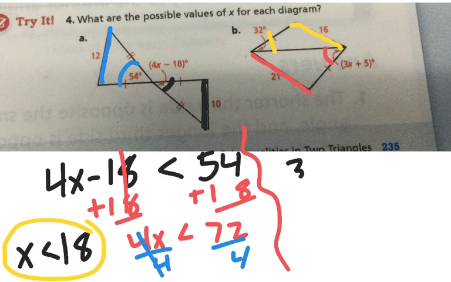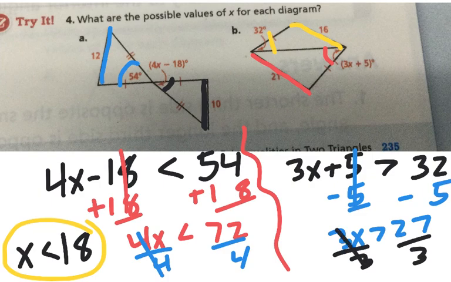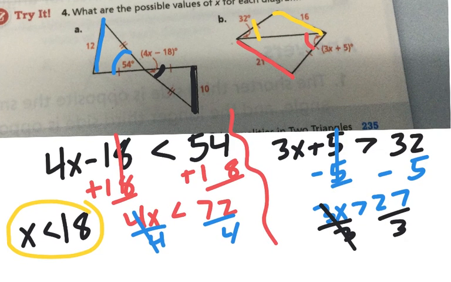So the red angle, 3x plus 5, must be greater than the yellow angle, which was 32. And now we solve. Subtract 5. That's going to give me 3x must be greater than 27. I divide by 3, which tells me x must be greater than 9.